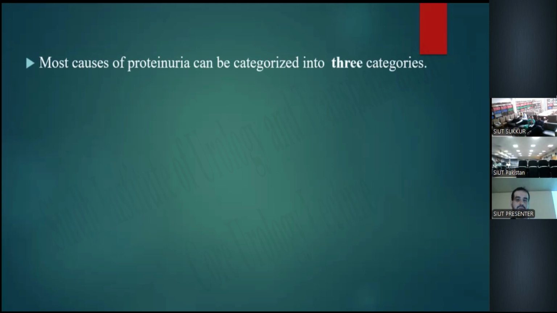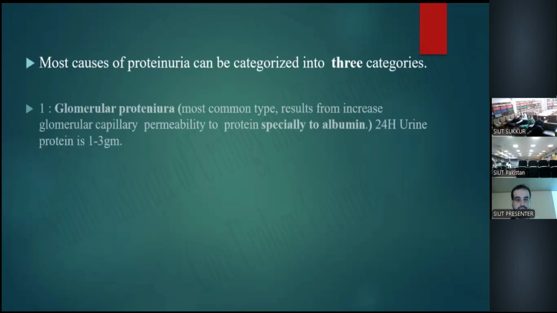Most cases of proteinuria can be categorized into three categories according to the origin of the proteinuria. Glomerular proteinuria is the most common type and results from increased glomerular capillary permeability to protein, especially albumin; 24-hour urine protein is 1 to 3 grams.